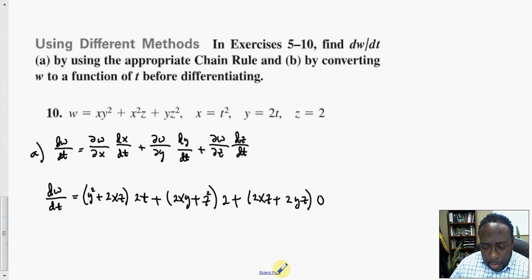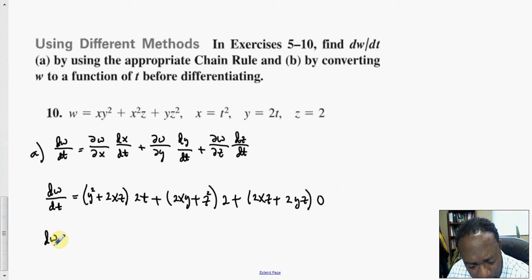So now what you need to do is to replace all the x, y, and z's with their respective representations. So dw over dt is equal to the y squared, which is 4t squared, plus 2 times xz.